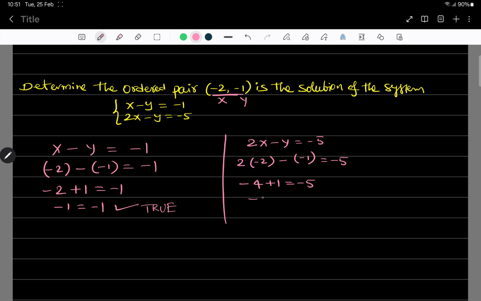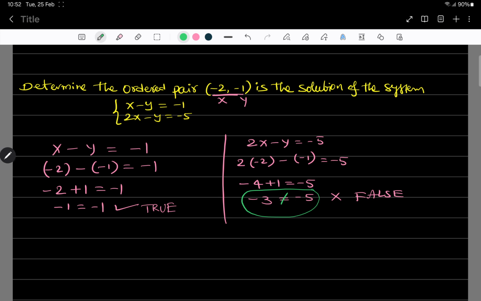So minus 4 plus 1 is minus 3. Is minus 3 equal to minus 5 true? No, this is false. See, one equation is true, another equation is false. Minus 3 is not equal to minus 5.